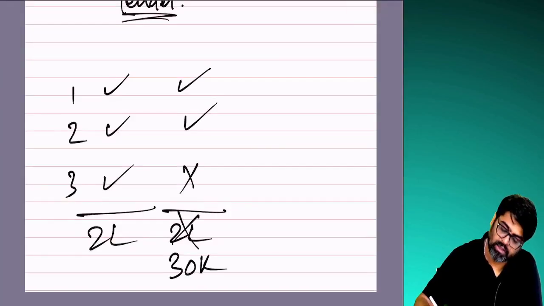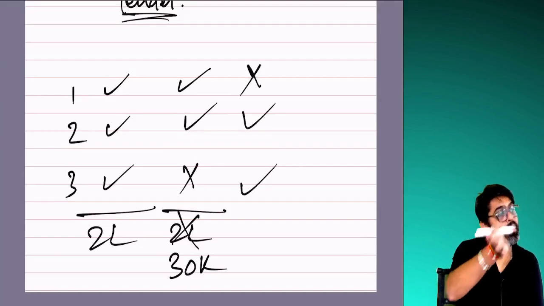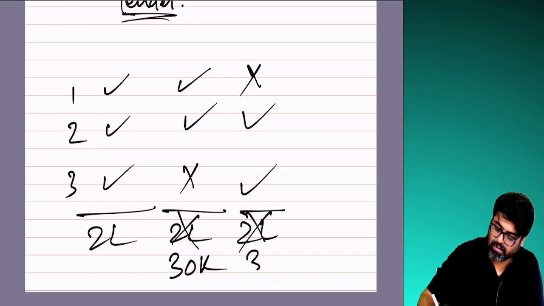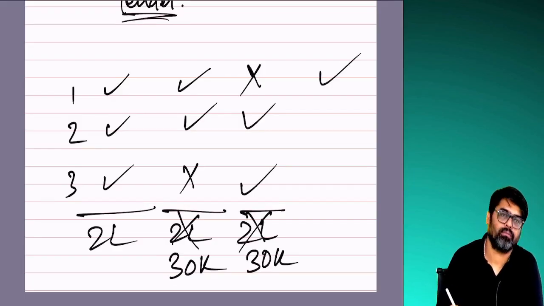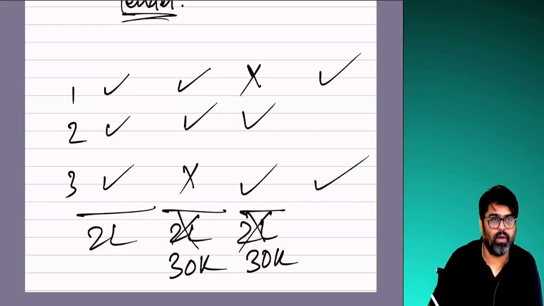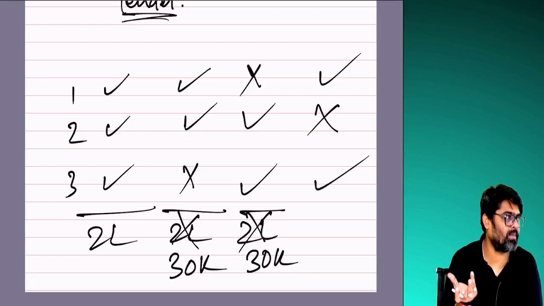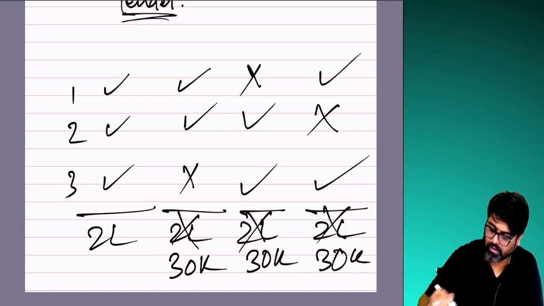Construction was completed within 5 years, loan was taken for purchase or construction, but the loan was taken prior to 1st April 99, then also the 2 lakh limit will not come, only 30,000. If the loan was taken on or after 1st April 99 and completed within 5 years, but the reason was repairs or renewals, not purchase or construction, then also the limit of 2 lakh will not come, only 30,000.